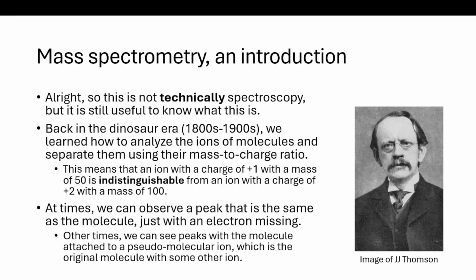However, if we knock off an electron, then there will be a mass-to-charge ratio, and it will be the mass of that original molecule divided by 1. We can also see pseudomolecular ions, which involve some fragment of the original molecule that we're analyzing with another ion.